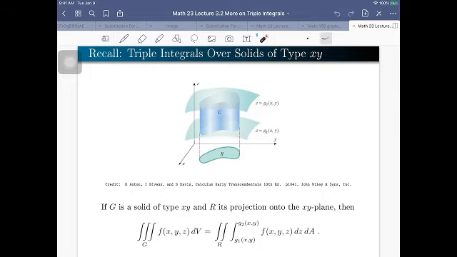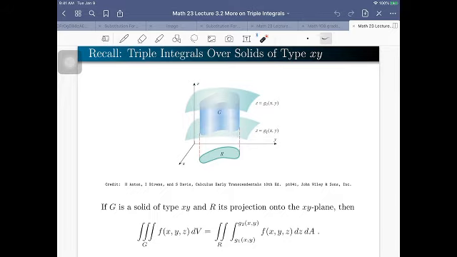And therefore, we can rewrite the triple integral as the double integral over the projection R of the single integral of the same integrand, and the limits of integration of the single integral are respectively the lower limit, which would be the floor of the solid, and the upper limit, which will be the roof of the solid.